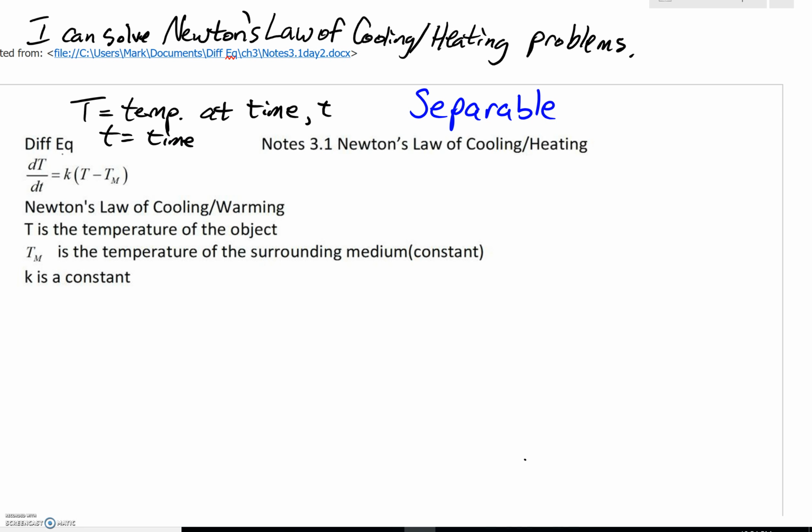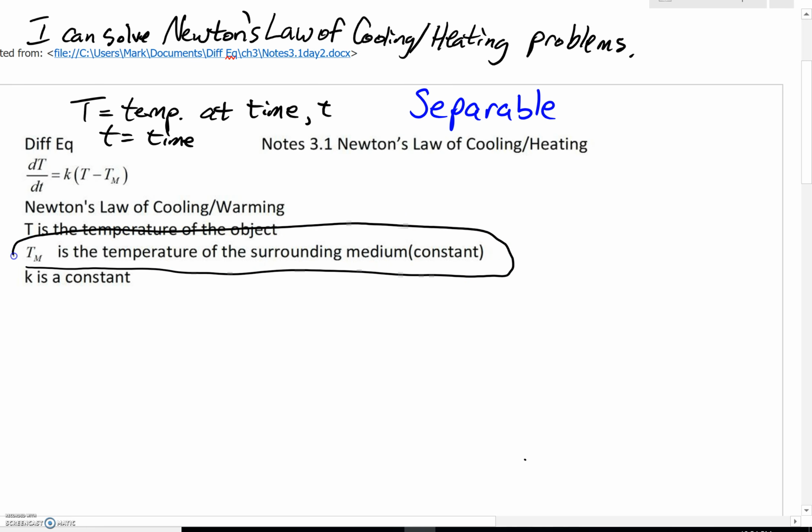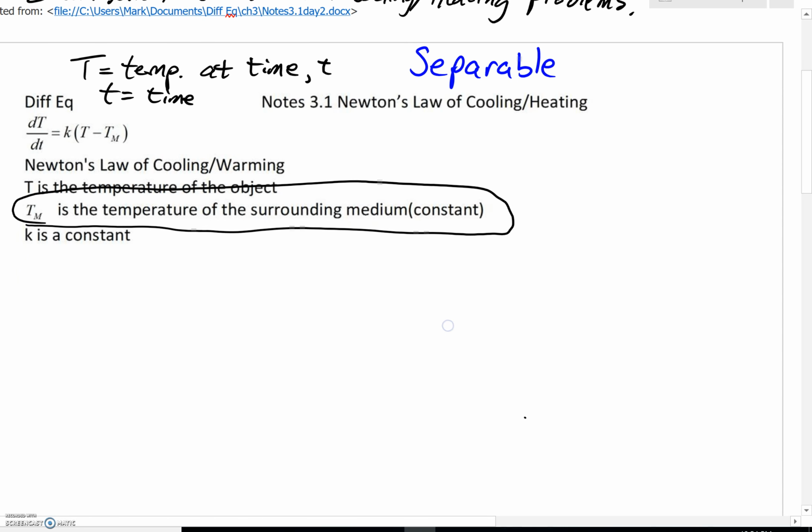It will be proportional to the difference of the temperature of the item at a given moment t, and also T sub m, which is the temperature of the surrounding medium. It's a constant, and this surrounding medium a lot of times we'll just refer to as room temperature. And K, of course, is a constant. But let's very quickly derive what's happening right here.